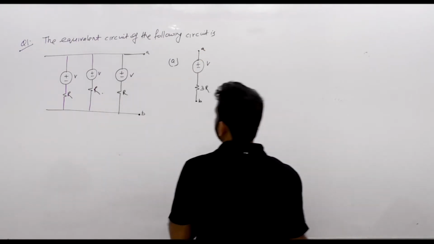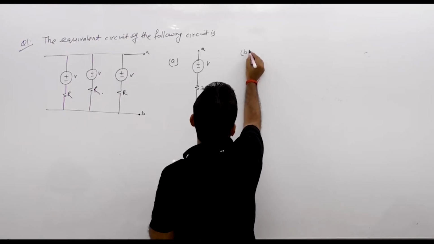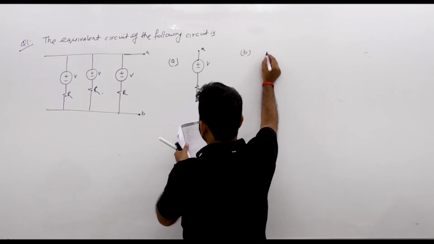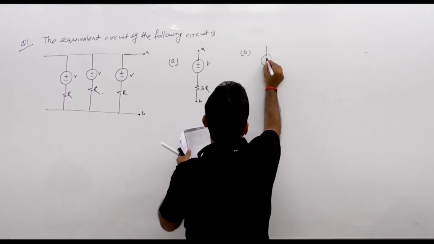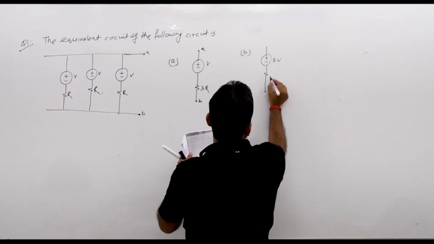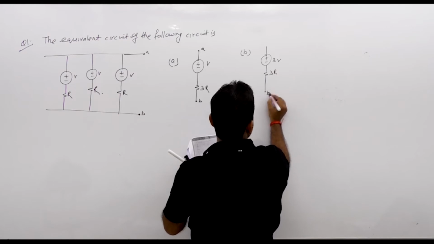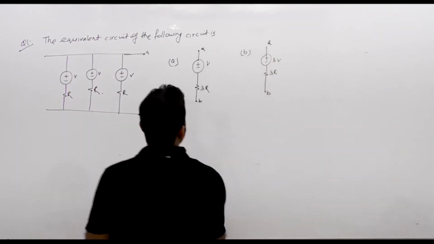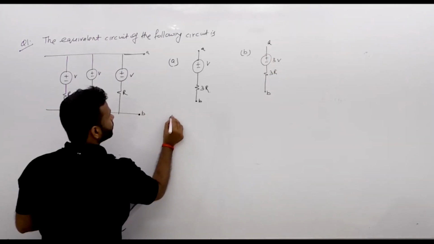Similarly we will have the B option is, this is 3V and this is 3R. This is B, this is A. Similarly, we will have the C option.